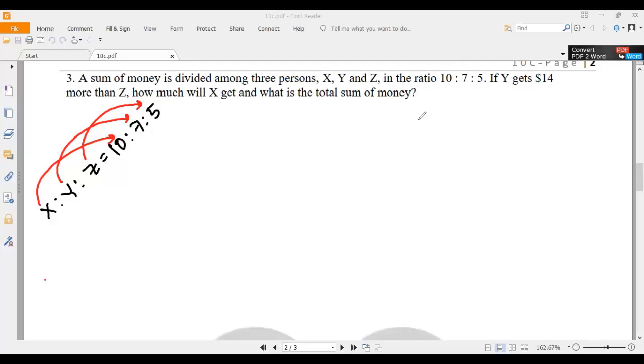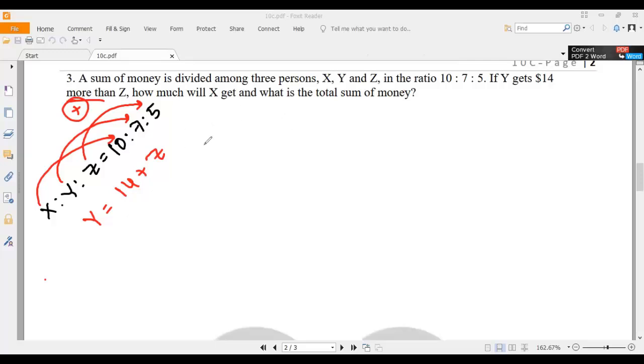If Y gets $14 more than Z, that means more than means plus. Y equals 14 plus Z. Then the question says, how much will X get and what is the total sum of money?